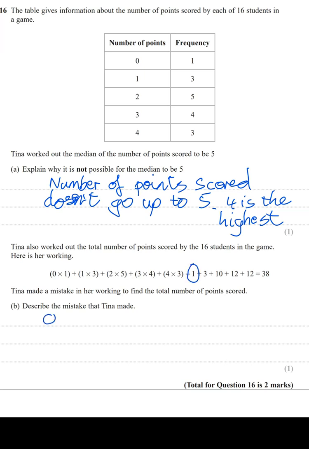Okay, 0 times 1 equals 0, not 1. I think the rest is fine. 1 times 3, 2 times 5, 3 times 4, and then those add together to give 38. So that's the mistake. We all know that 0 times 1 is 0.